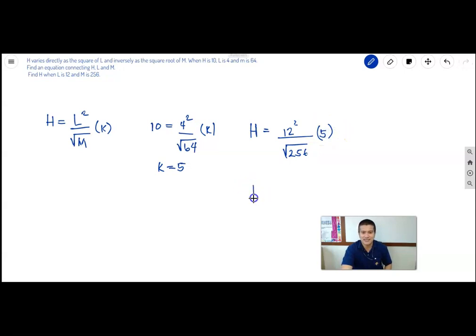So how much is that? Try to compute so that you can get that one. The square root of 256 is equal to 16. So 144 divided by 16, and then times 5. So therefore you will get 45. Okay, so that will be the solution for this problem.